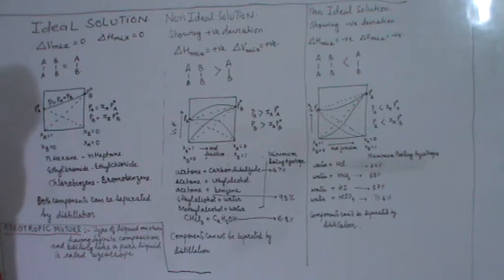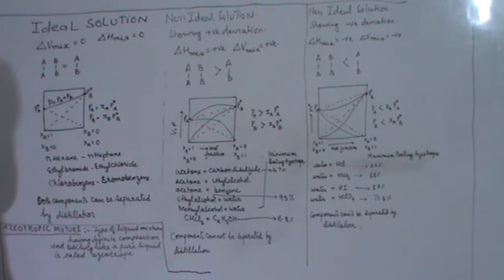Now what is Raoult's law? Raoult's law says that partial pressure of a component is always equal to the product of its mole fraction and its vapor pressure in its pure state. Any liquid mixture, any solution which follows Raoult's law is called an ideal solution.